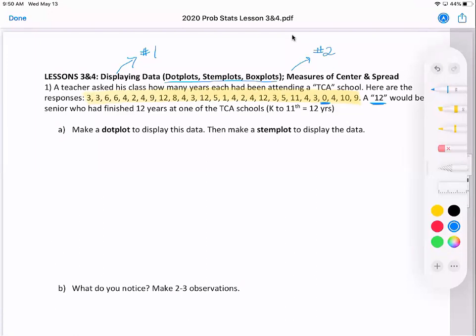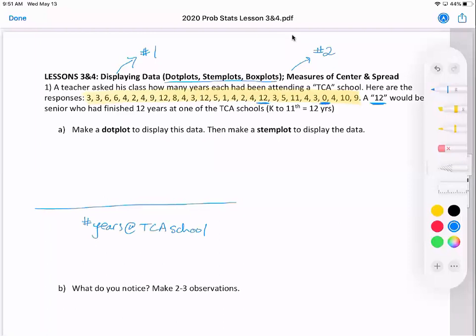So make a dot plot. When making a dot plot, we need a horizontal axis, a horizontal scale, and this is going to display the number of years at TCA school. It looks like the smallest number in our data set is 0, and the largest number looks like it's 12.